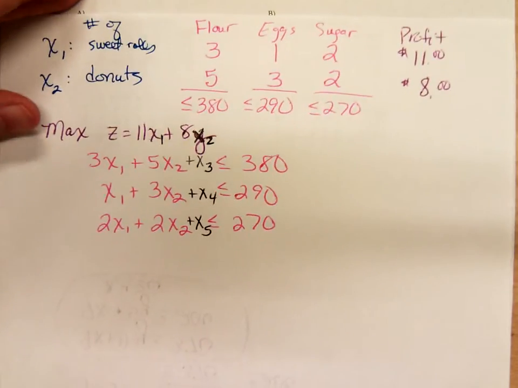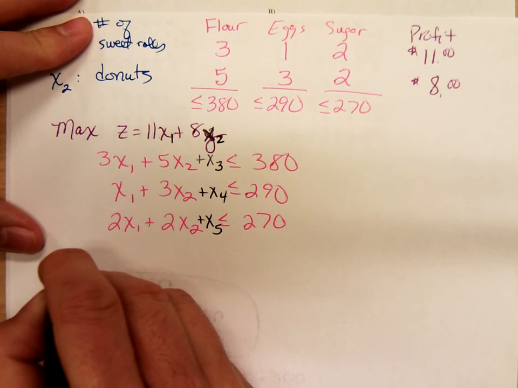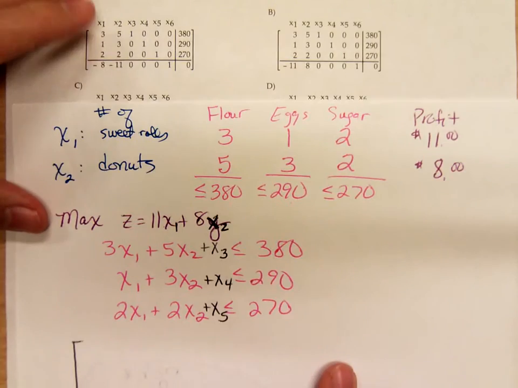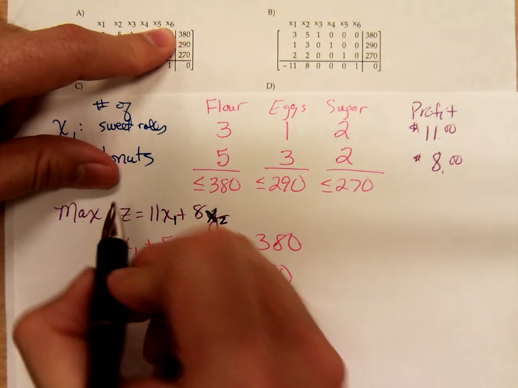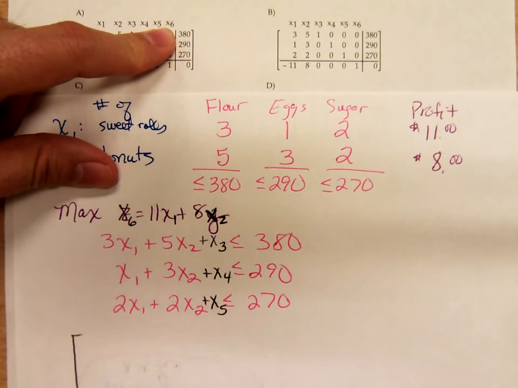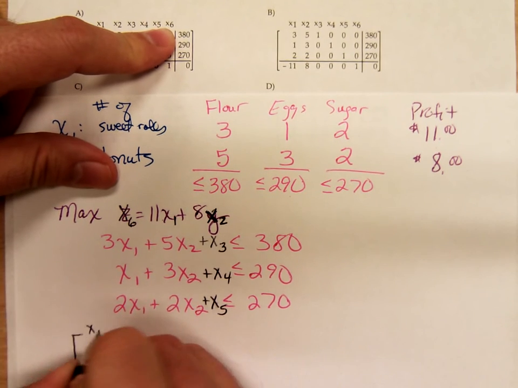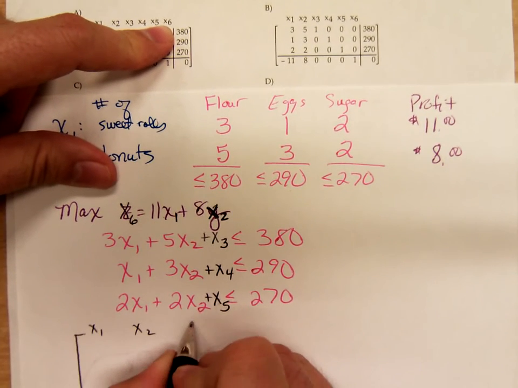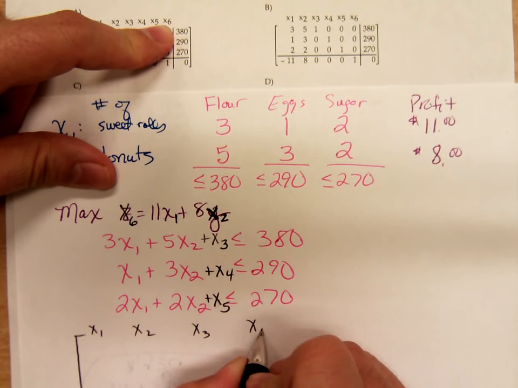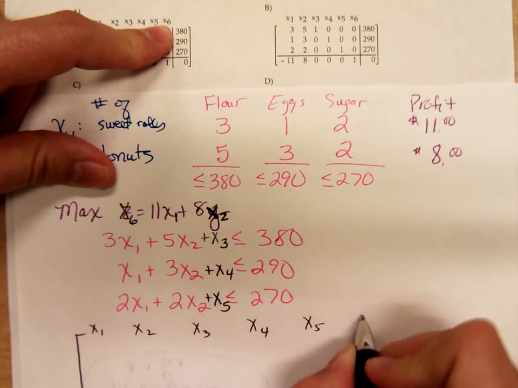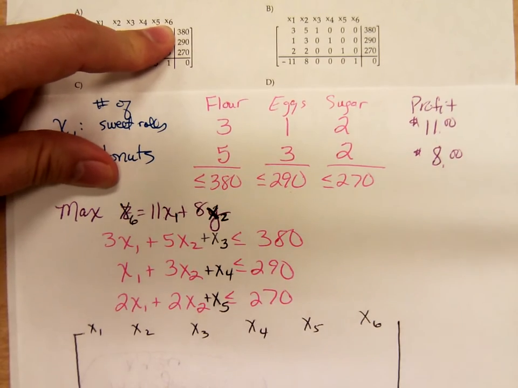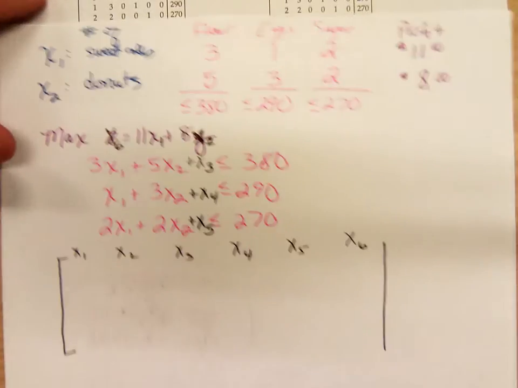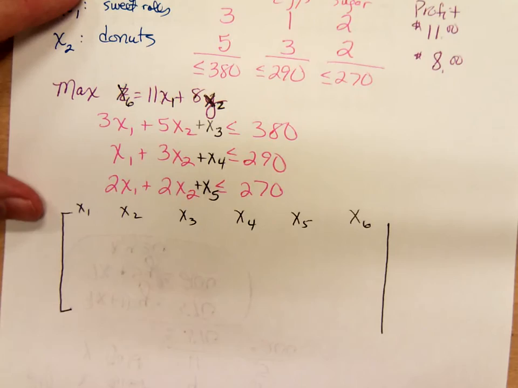So, to set this up, notice they have x1, 2, 3, 4, 5, and an x6. So the z, they're calling x6. Okay, so x1, x2, x3, x4, x5, x6 equals. Now, I'll write this first row.